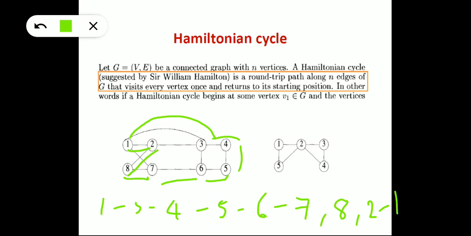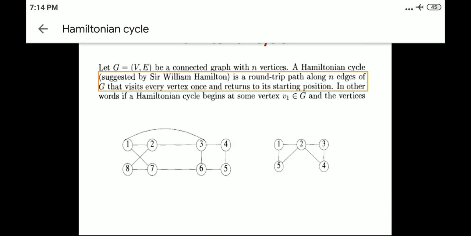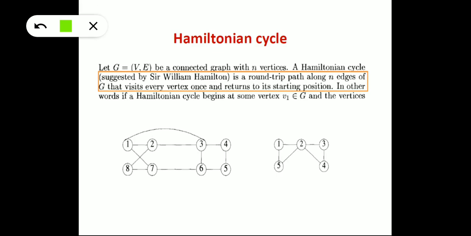Now consider the second example here. Let us try to find a Hamiltonian cycle in it. We start from vertex 1, we move from vertex 1 to 2, then 2 to 3, 3 to 4, and once I visit vertex 4, I have to get back to vertex 2, and I would be visiting vertex 2 for the second time, which cannot happen in a Hamiltonian cycle.